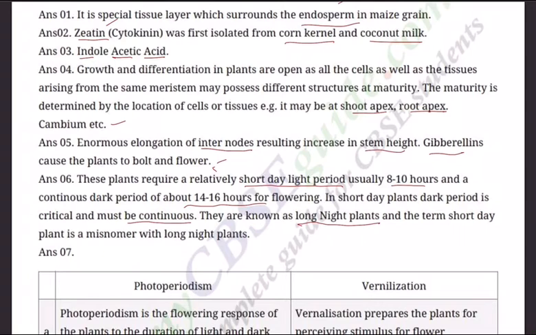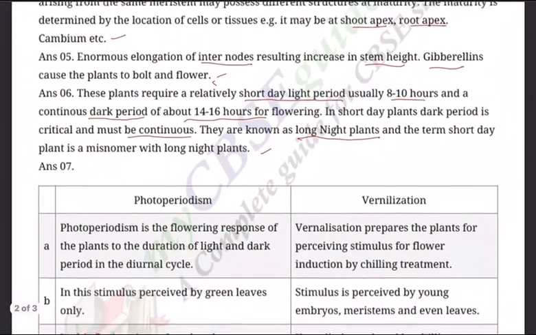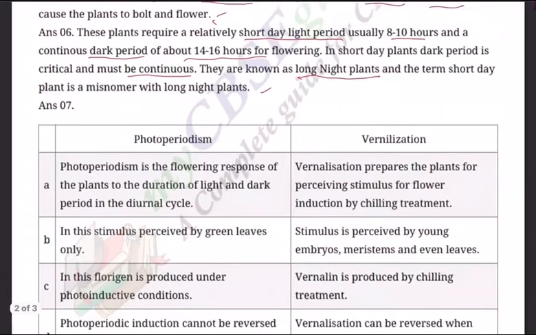They are known as long night plants, and the term short day plant is a misnomer. So basically we should call them long night plants. Look at that: the dark period, continuous, should be 14 to 16 hours. Only then will flowering take place. So it is more appropriate to call them long night plants. Right? Question 7.